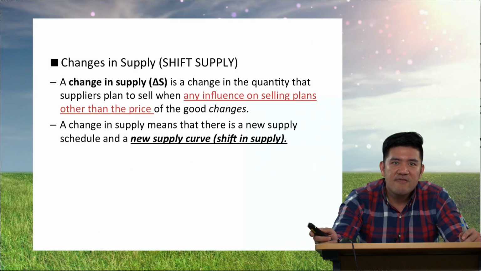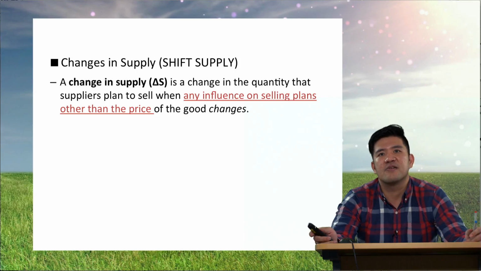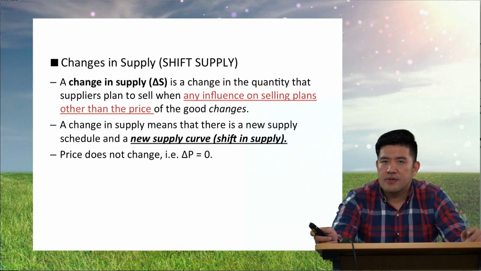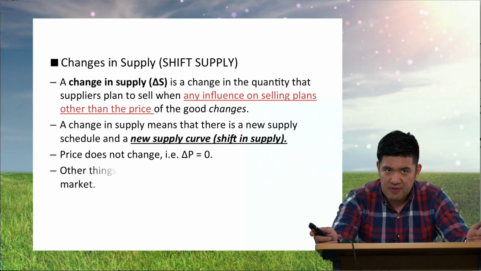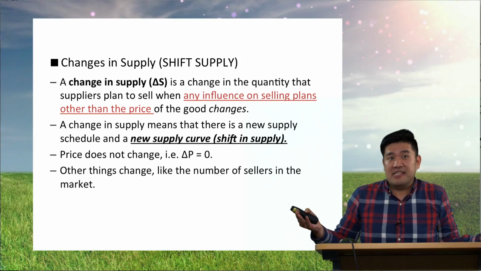Any influence on selling plans other than the price changing, you shift the supply curve. Price does not change. What is changing? Maybe the number of sellers in the market is changing.